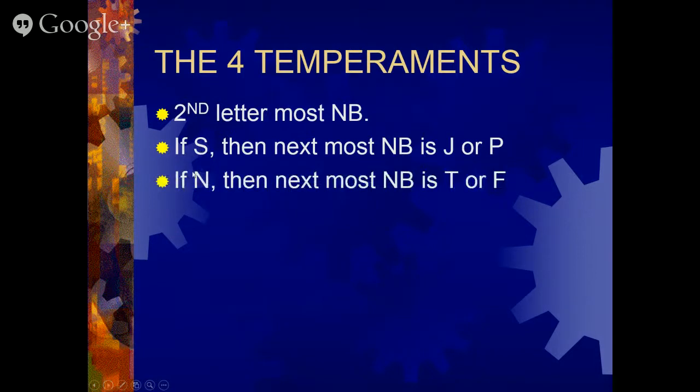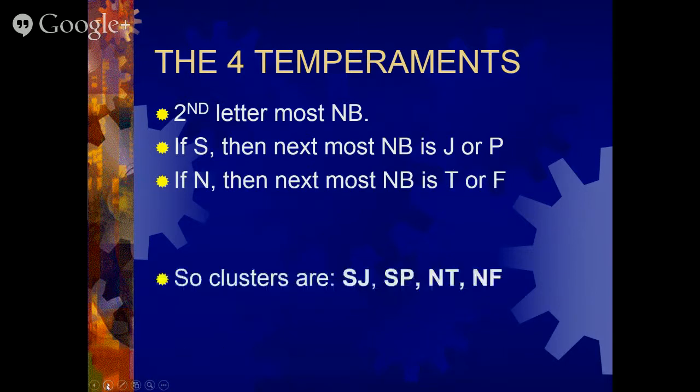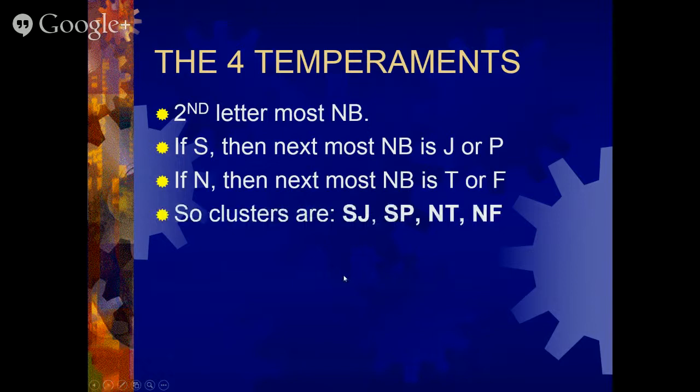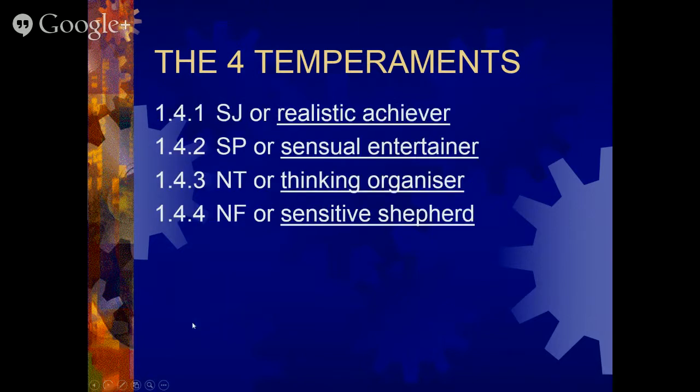If it is an N, if your second letter is an N, then the next most important is thinking or feeling, T or F. So the clusters that you will look for in your own self-analysis are these. Is it an S? Are you a combination of SJ, SP, NT, or NF? Once you have looked at that, you will start to get to a kind of temperament analysis.